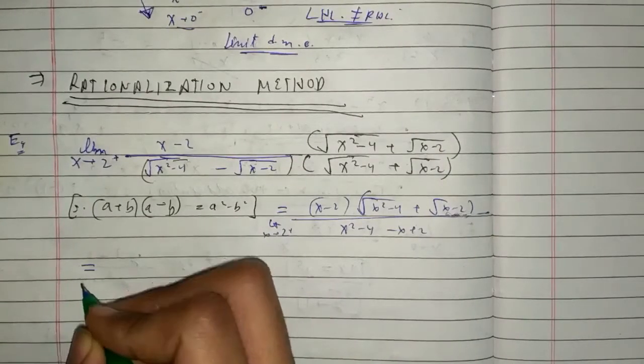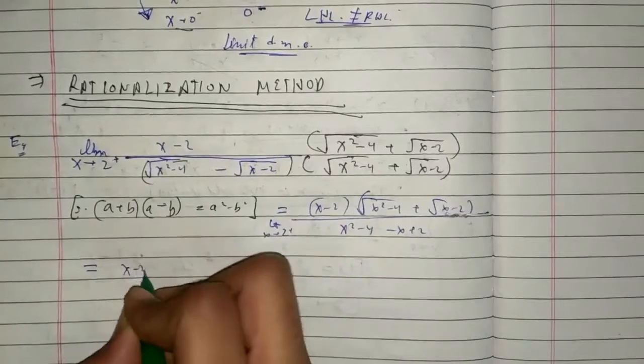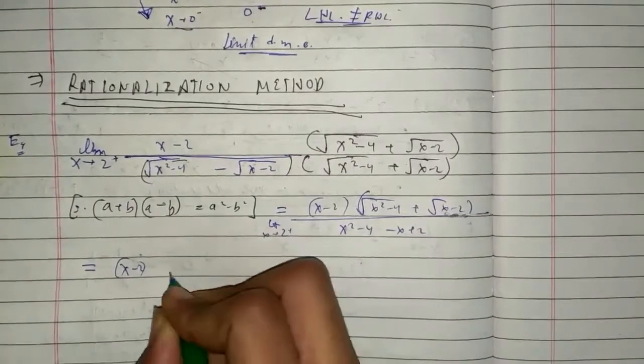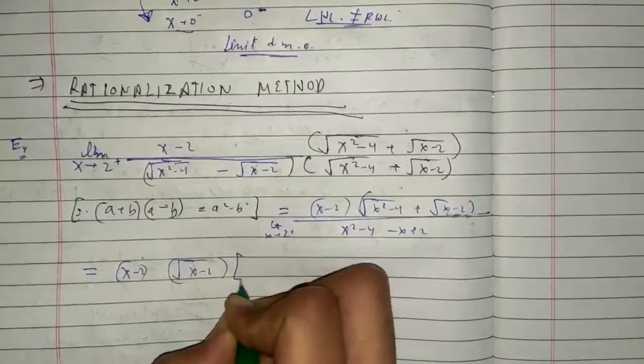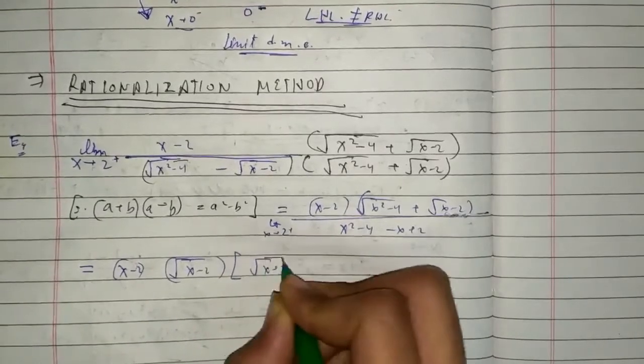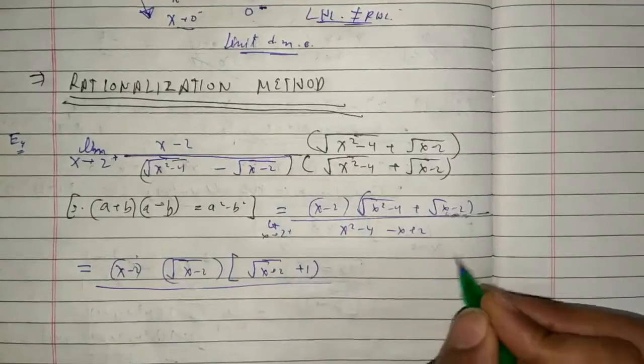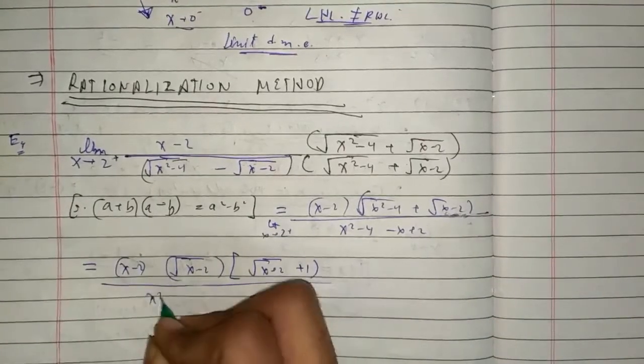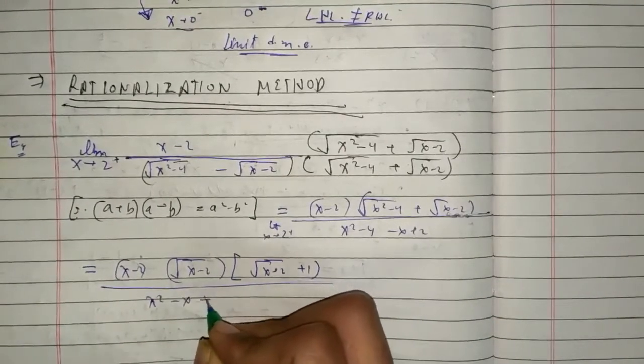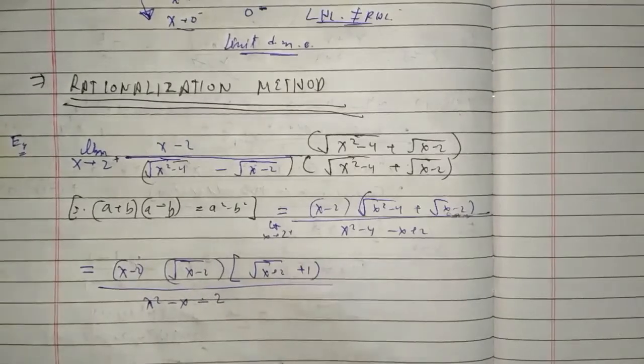Is equal to (x minus 2) times root(x minus 2), over root(x plus 2) plus 1, upon x square minus x minus 2.